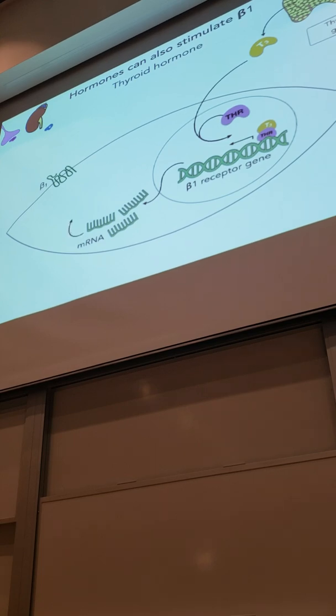ER and Golgi, all that kind of stuff. Biology 101. And the Golgi sends out these little vesicles with the proteins in them, and they fuse with the cell membrane, and before you know it, you've got all kinds of receptors added to the cell membrane.